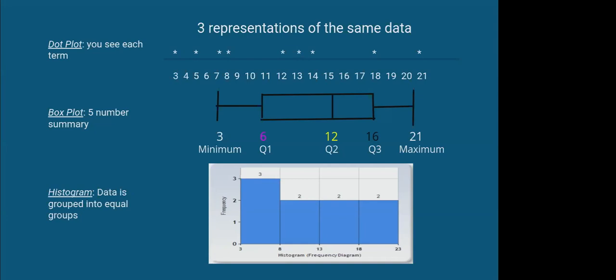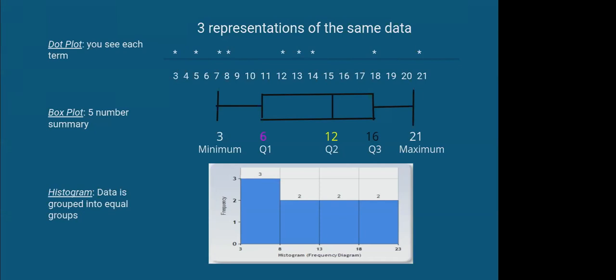If you don't have the data set ahead of time and you are just presented a histogram, you can't speak to specifics. You have to speak in general terms. So if we look at this histogram, we can say in general terms that our data set contains 3 terms that fall between 3 and 7.